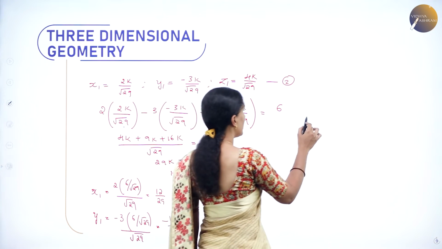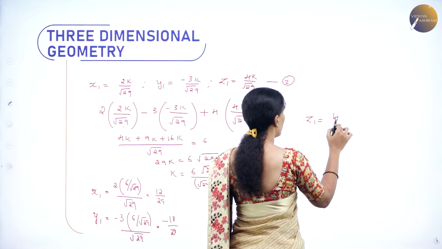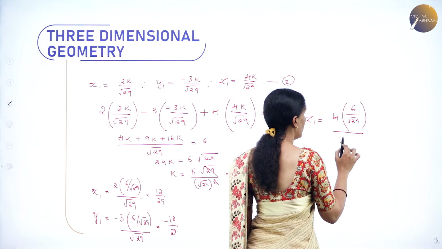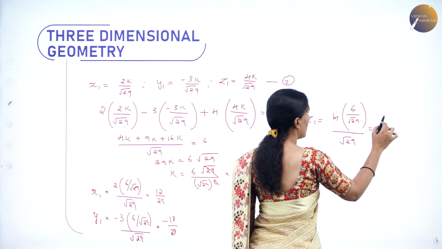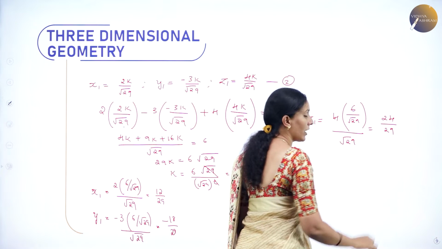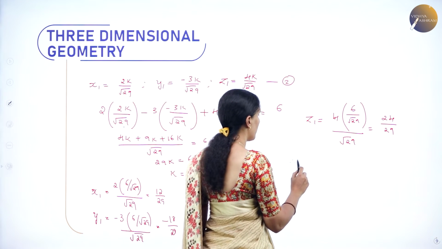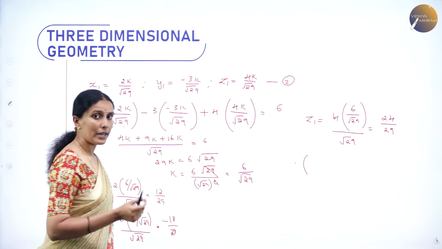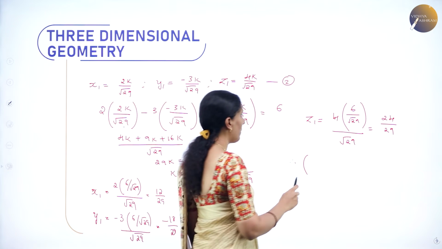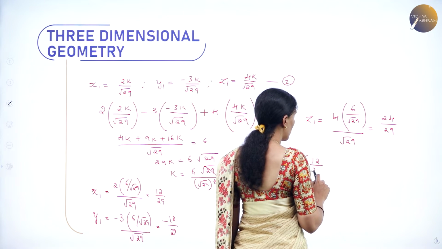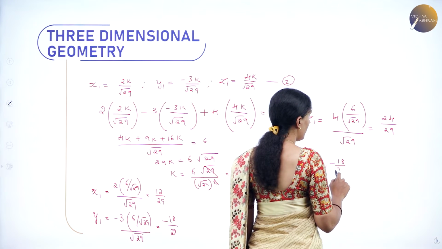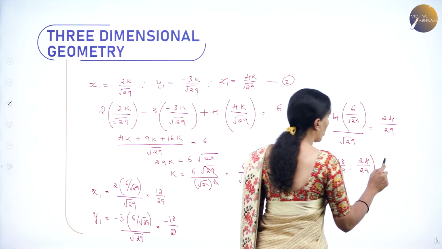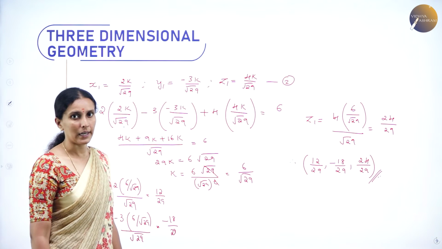Similarly, z1 is 4 into 6 over root 29 divided by root 29, which is 4 sixes are 24 divided by 29. Therefore x1, y1, z1, the coordinates of the foot of the perpendicular, are 12 by 29, minus 18 by 29, 24 by 29. So this is the coordinate of the foot of the perpendicular.